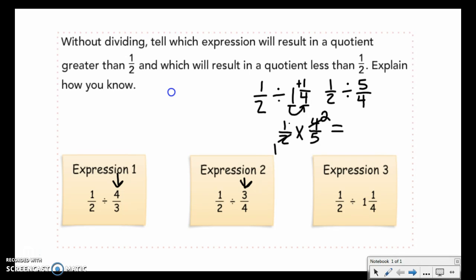So now you have 1 times 2, which is 2, and then 1 times 5, which is 5. All right? Our quotient is now 2/5.